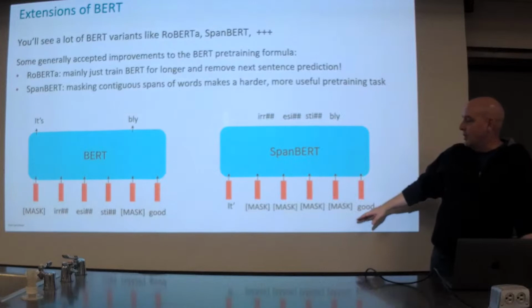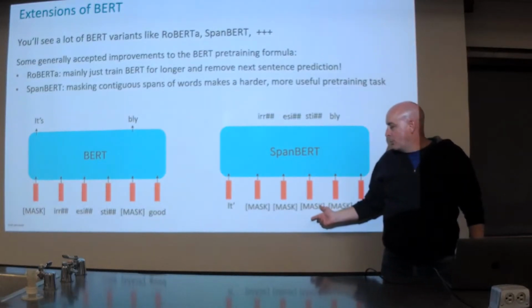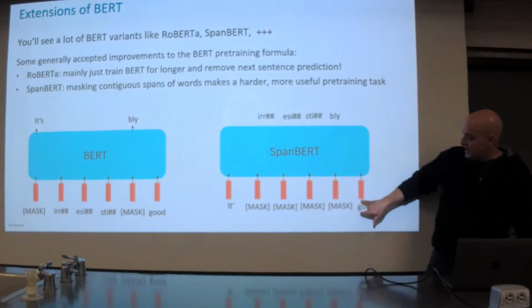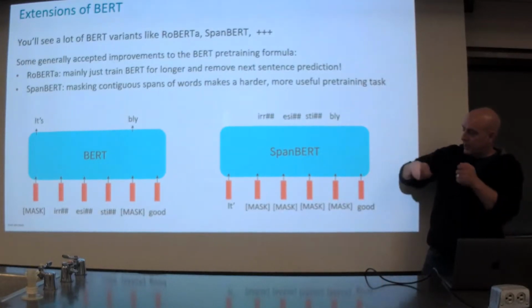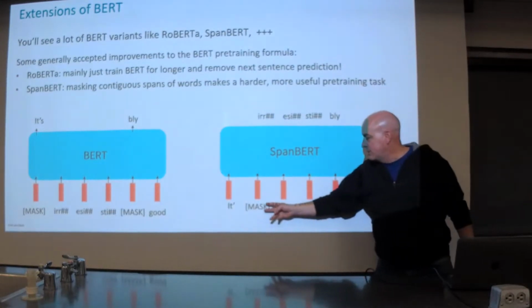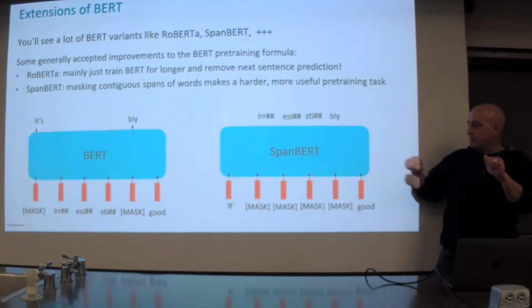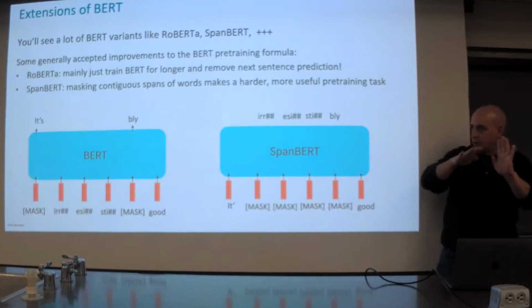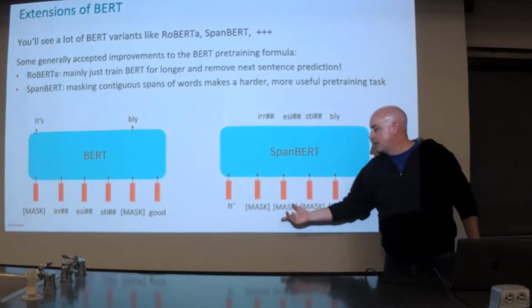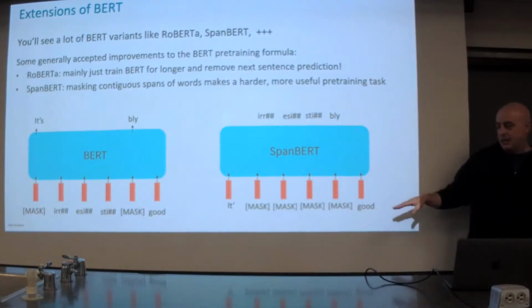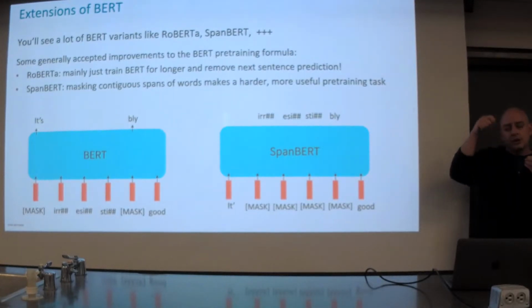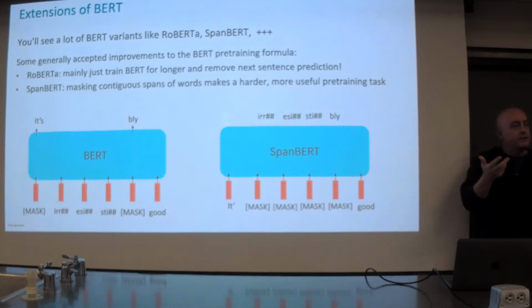SpanBERT is this thing where, when you're doing the masking, sometimes there's kind of random choosing, but oftentimes what you want to do, instead of the masks showing up randomly and uniformly through the sentence, is put them together, making this task even harder. Because if you think about what's happening when you're masking, it's trying to figure out what word goes there from all the rest of the context.